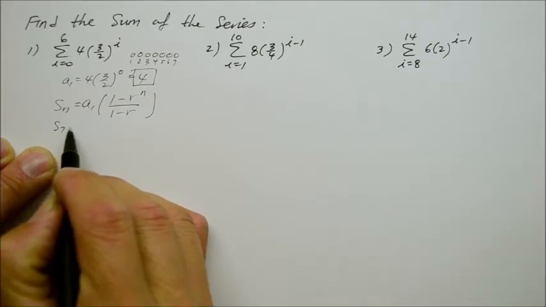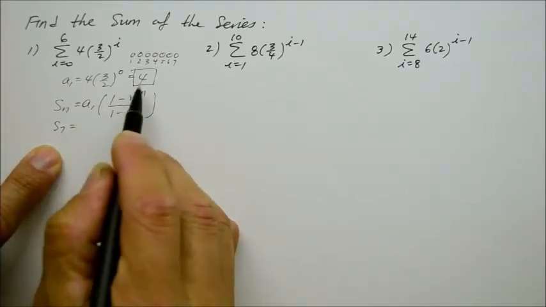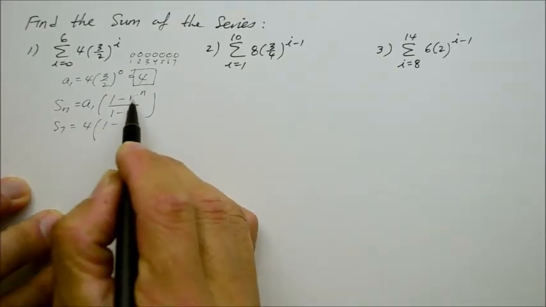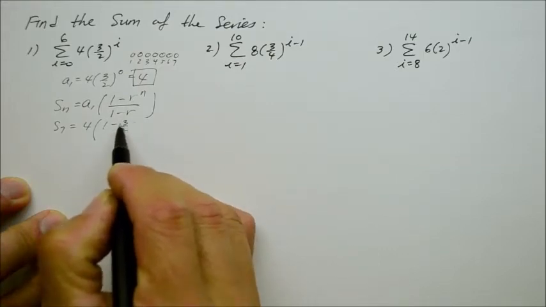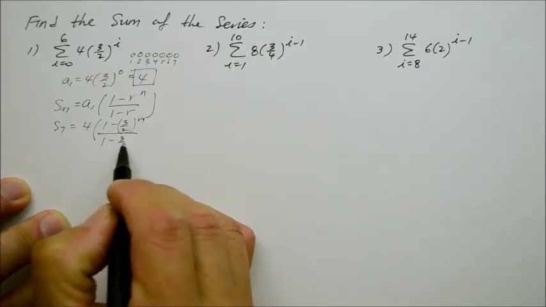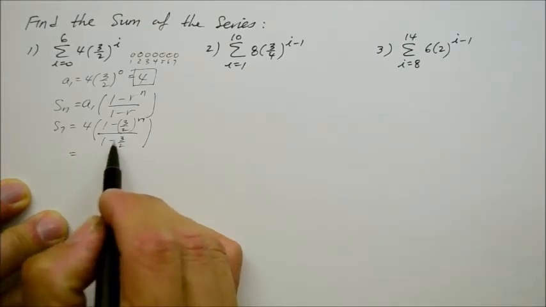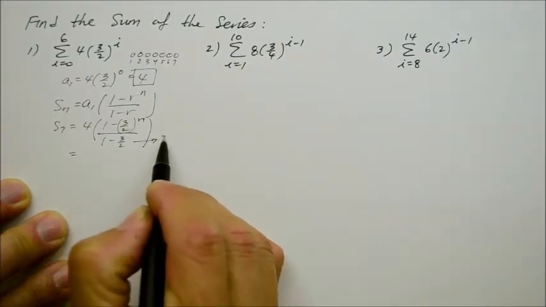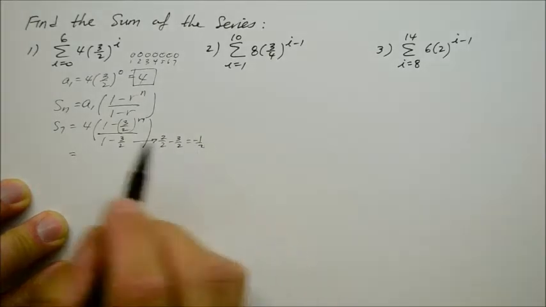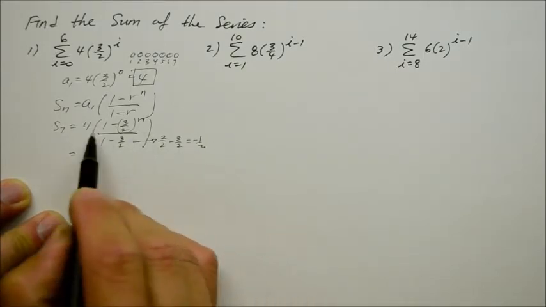So S sub 7 is equal to, of those 7 terms, the first one is valued at 4 times 1 minus the common ratio of 3 over 2 raised to the n power, over 1 minus 3 over 2. So you could see right away, 1 minus 3 over 2, that's kind of like saying 2 over 2 minus 3 over 2, which is negative 1/2. So we go 4 divided by the denominator, negative 1/2. That's like saying negative 2 times 4, which is negative 8.